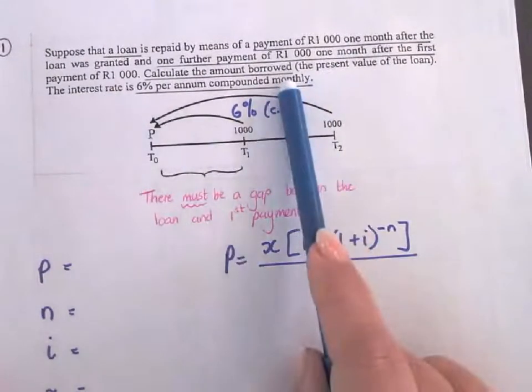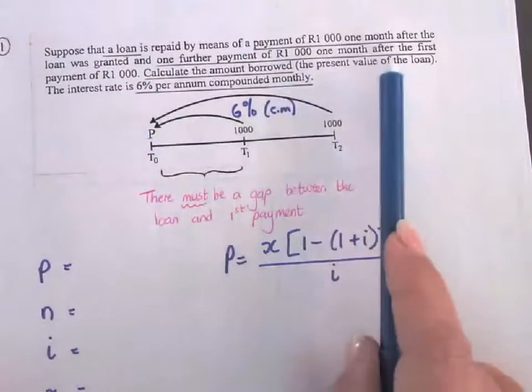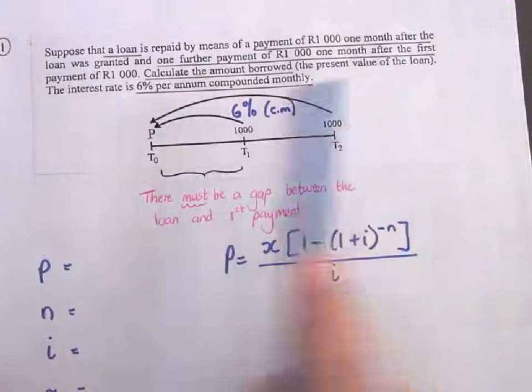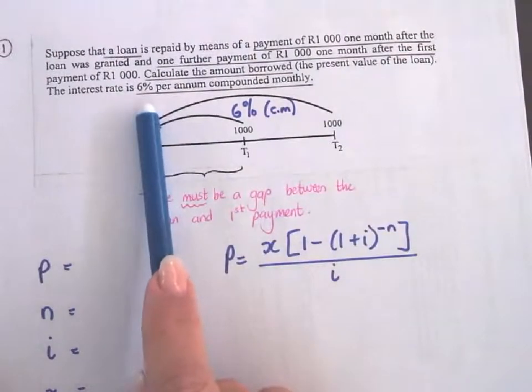Calculate the amount borrowed, the present value of the loan, and the interest rate is 6% per annum compounded monthly.